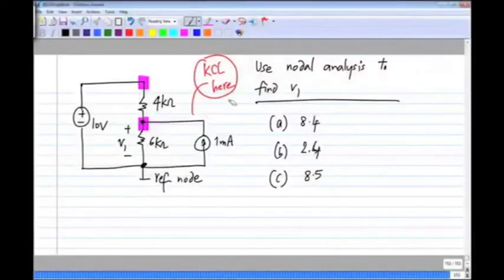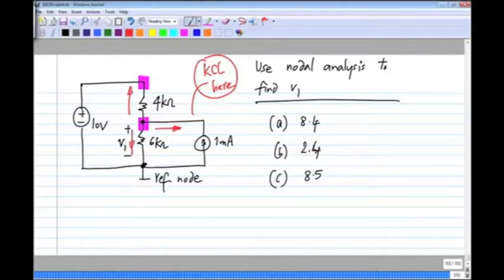Now I said write KCL at this node, and from there calculate V1. So the voltage of this node with respect to the reference node is nothing but V1. Okay. So when we write KCL, the currents flowing out will together be equal to 0.